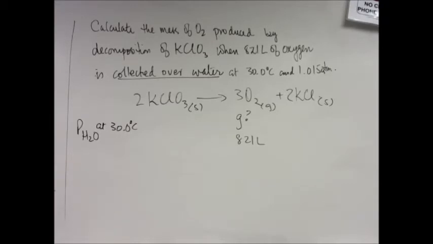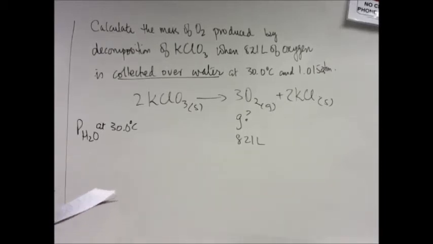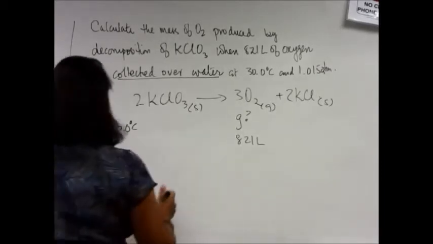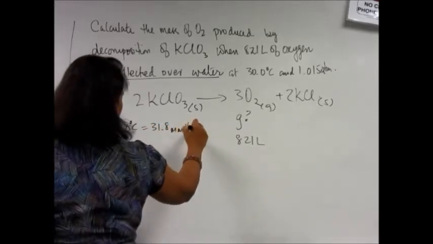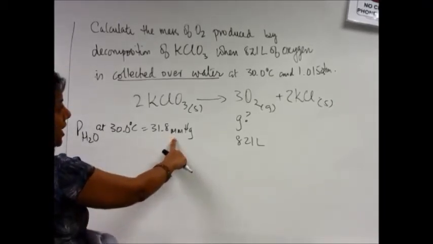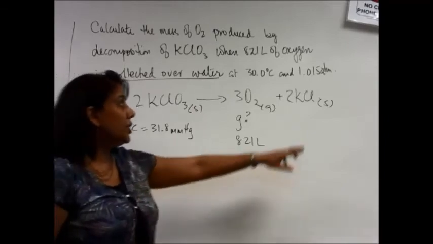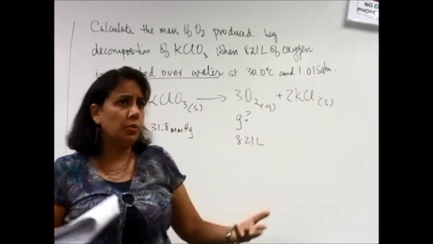Wherever you see that it's collected over water, automatically you should be looking for a table to find the pressure of water. And so this is 31.8 mmHg from the table that I used. You can convert this to atmosphere, or convert the other atmosphere into mmHg, whichever you want.